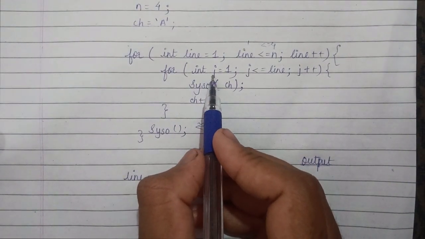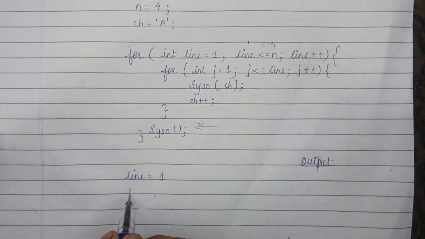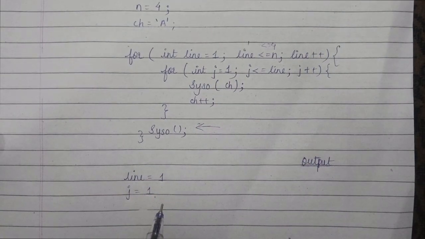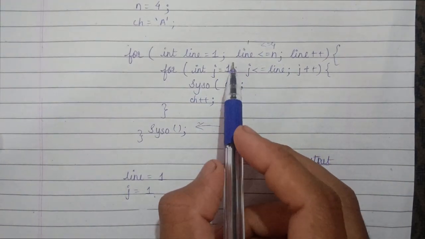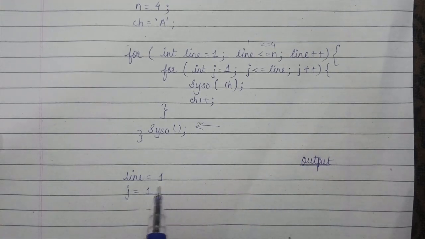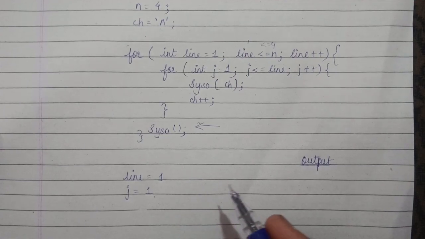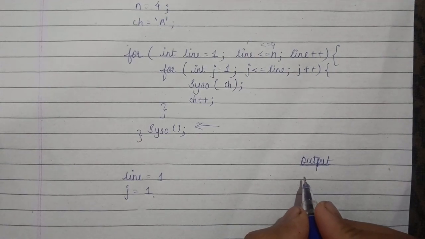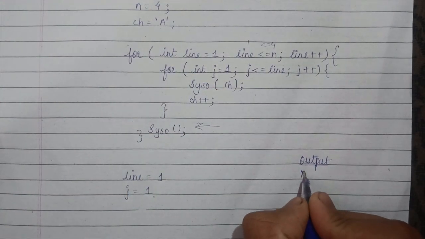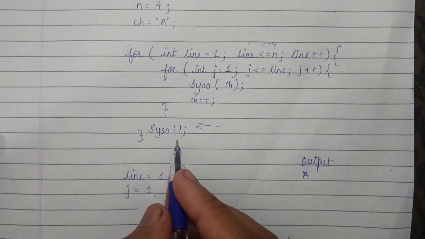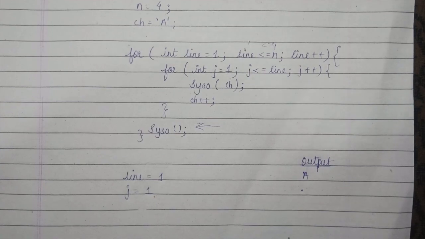Now j is equal to 1 here. j should be less than or equal to line. Line's value is 1, j is equal to line, so the condition is true, then it will print a character, which means a will be printed. Then the compiler will come here.